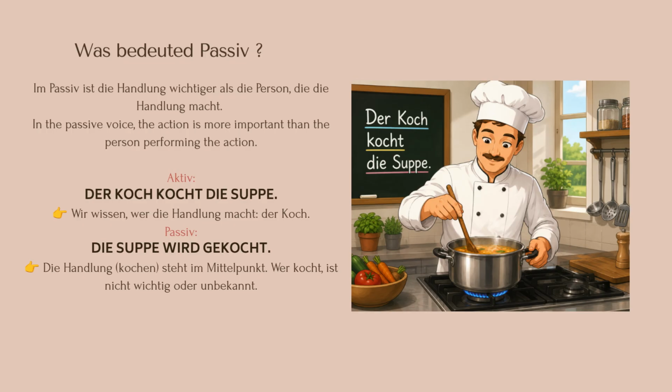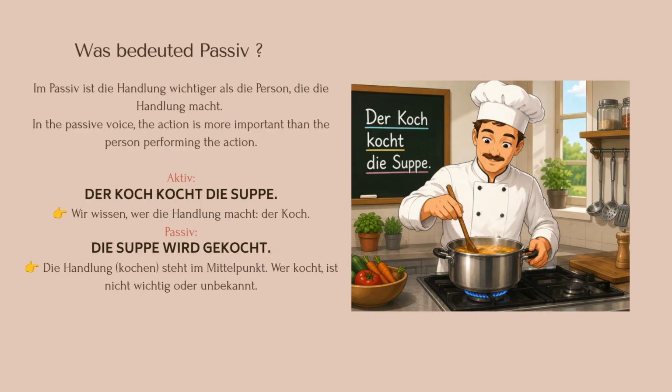Die Suppe wird gekocht. Here the action is the center of attention. Who is cooking is not important. Die Suppe wird gekocht. It means the soup is being cooked. It is ongoing.